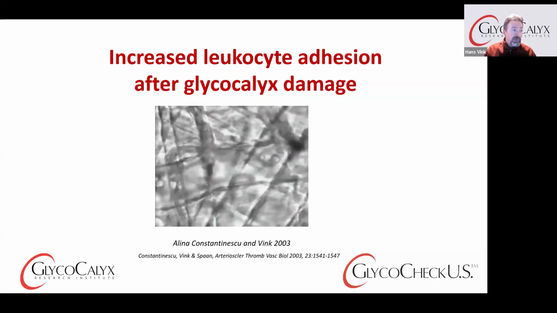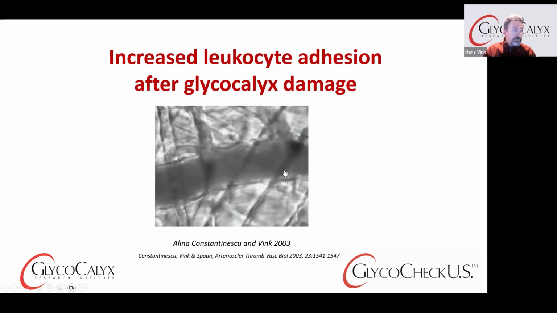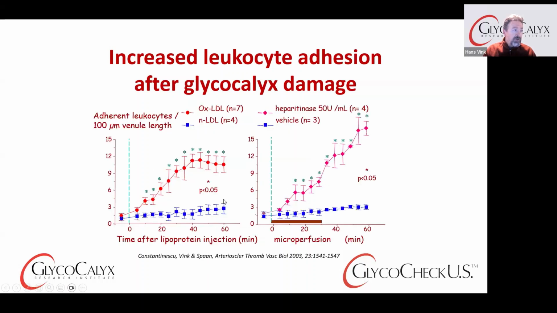So when glycocalyx breaks down, we see a significant increase in the number of leukocytes, or inflammatory cells, sticking to the vessel wall and to the endothelium. So these are two examples. On the vertical axis, it shows the number of leukocytes sticking to the wall, being part of the local inflammatory response.